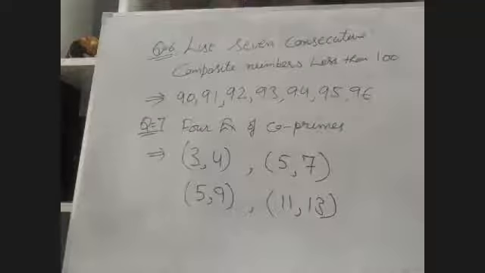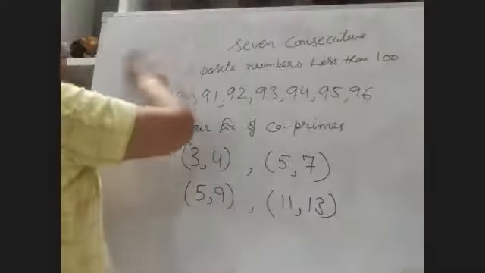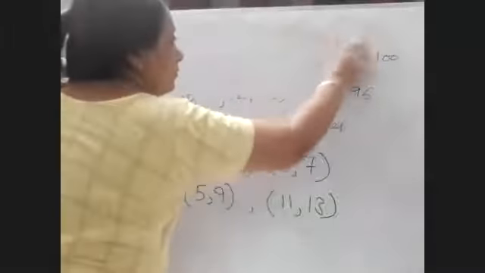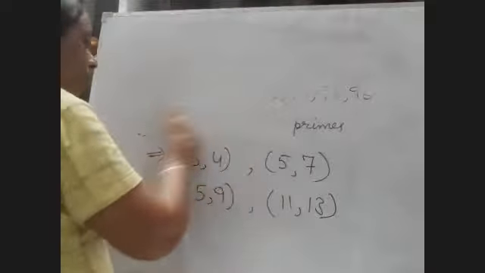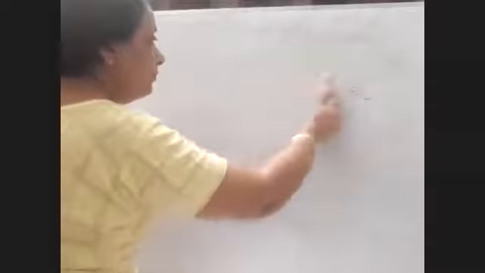Next is 8th question. Yes, friends. 8th question is: write the prime factorization of each of the following by division by prime numbers.